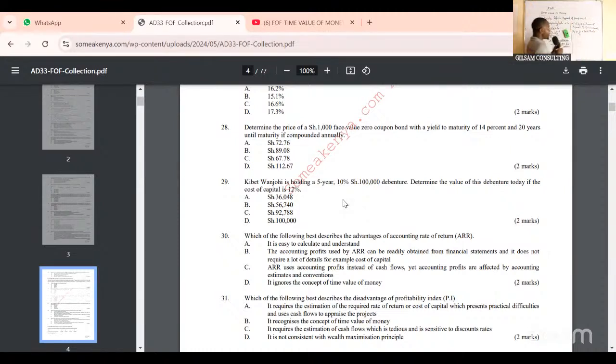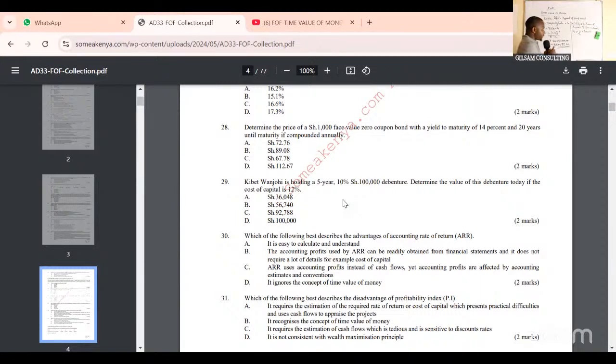So that is the formula of getting the present value of infinity. If it was this case, we take 1, divide by 0.12, then multiply by the amount. So the examiner will not give you that one. That is a direct.